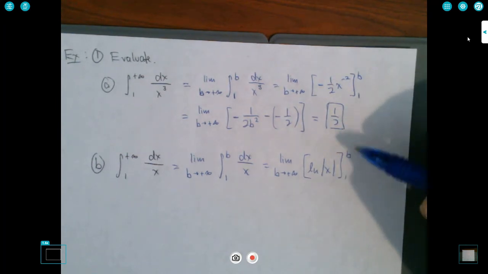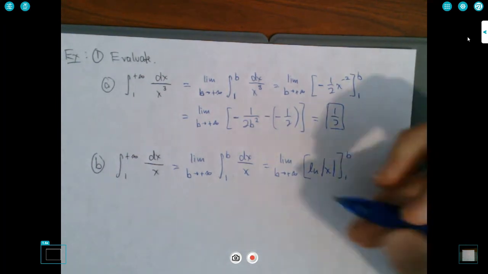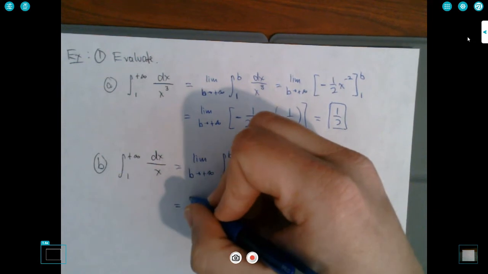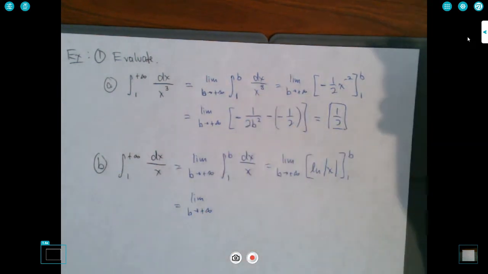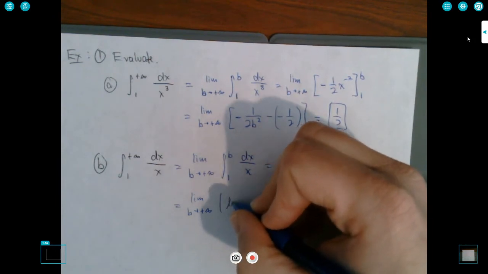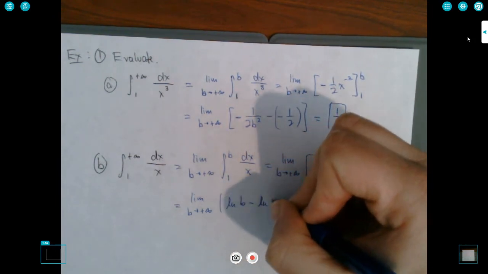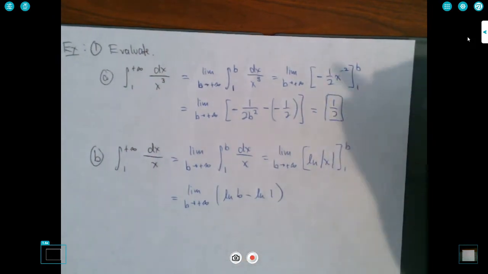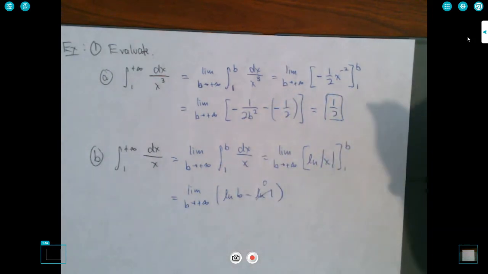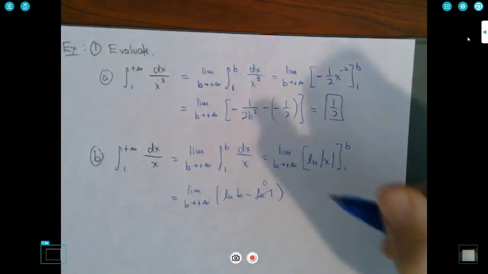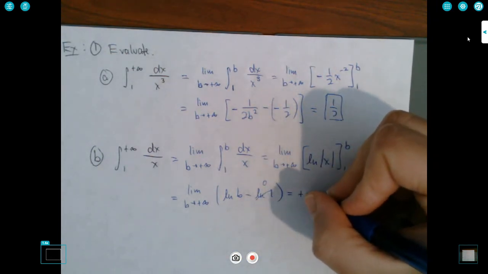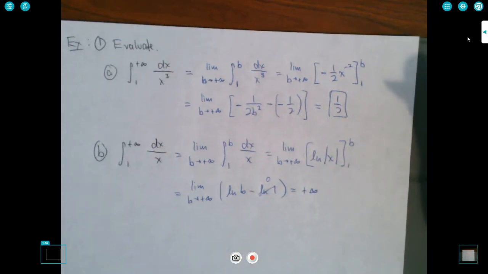We don't actually need the absolute values because b is positive and 1 is positive, of course. But this is going to come out to be the limit as b goes to positive infinity of ln of b minus ln of 1. Well, ln of 1 is just 0, right? As b goes to positive infinity, ln of b is also going to go to positive infinity. So this ends up being positive infinity.